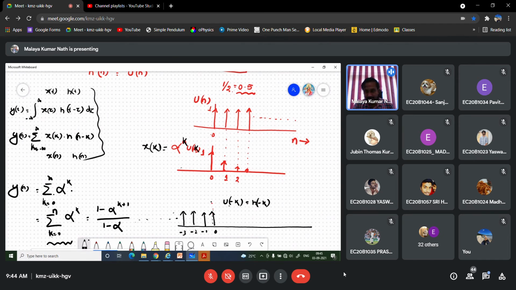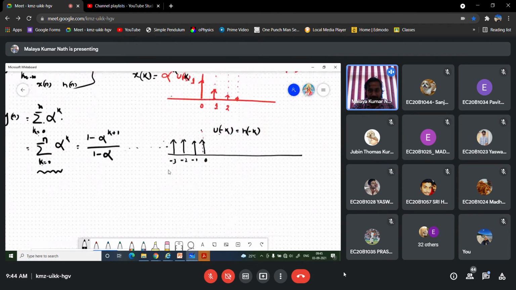Anybody want to ask any questions? Please ask me. How is this happening? Now, if we find the response graphically of this system, how will it look? Graphically your y of k will look something like this. When n is equal to 0 in both cases, that will give rise to 1. From 1 it will start like this.